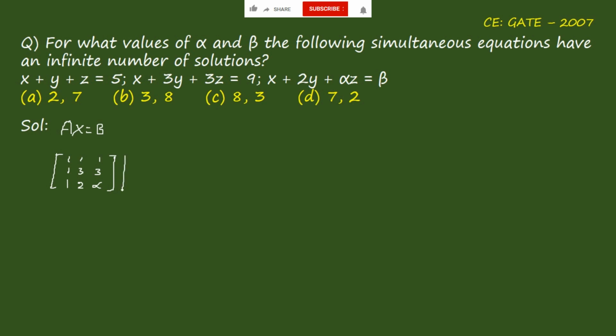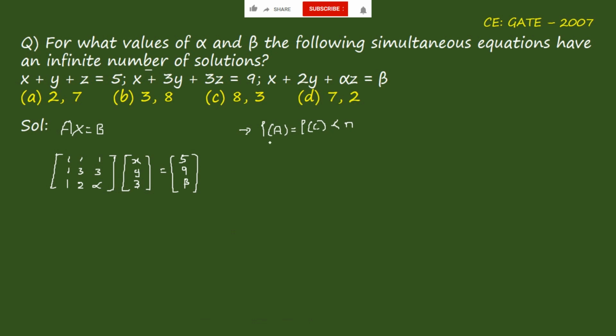And it is multiplied with X, which is given as X, Y, and Z, which is equal to the B matrix. B matrix is given as 5, 9, and beta. Now this should have infinitely many solutions, which means rank of A should be equal to rank of C, which should be less than n. N is the order of the matrix.